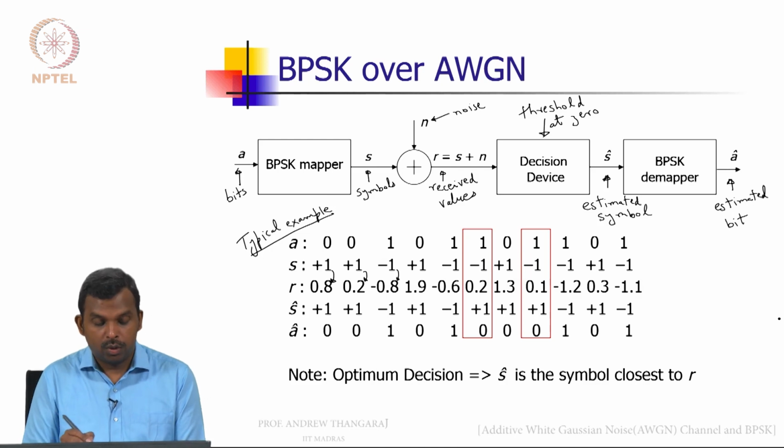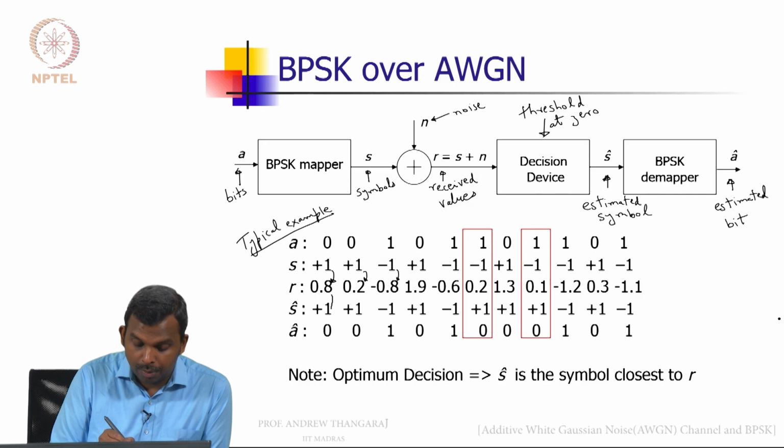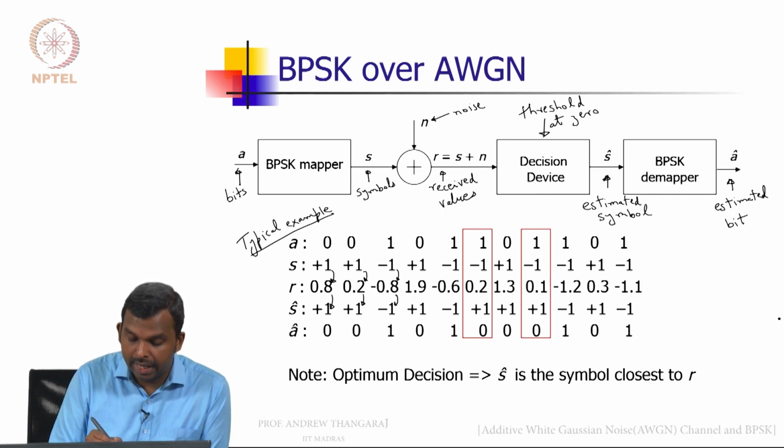So, you can see what I have done here. Whenever the received value is positive, I am estimating it as plus 1. Whenever the received value is negative, I am estimating it as minus 1. So, that is what happens here.